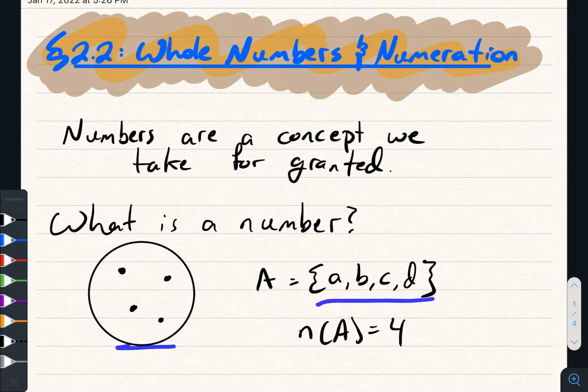These are different looking sets, but they both have in our minds the same number of things in there. I can set up a correspondence between the dots over here and the letters over here. So to us, these two things would have the same number of elements, and so they would describe the same number.